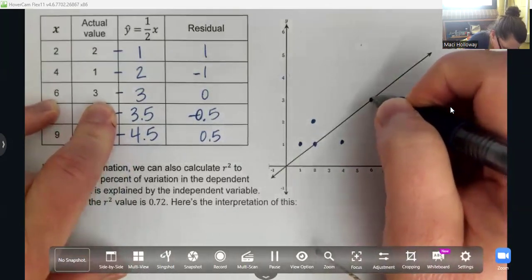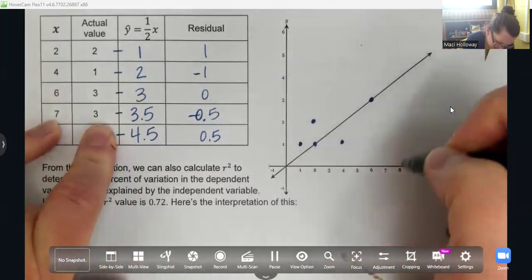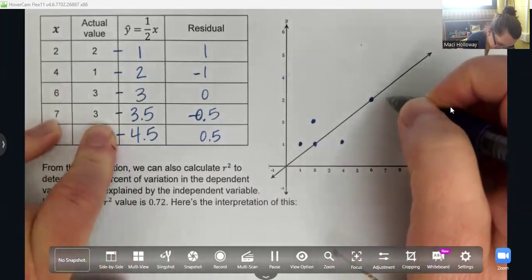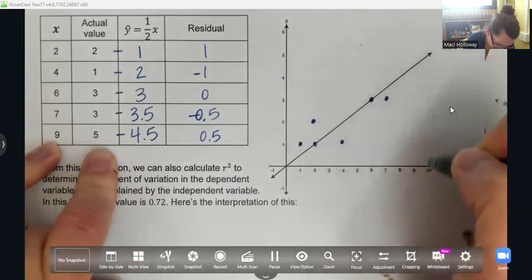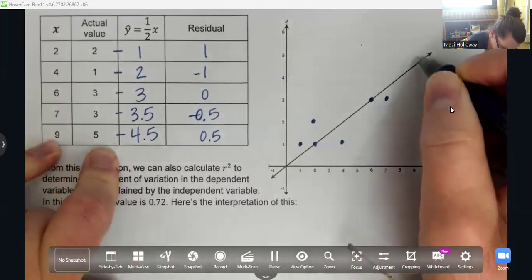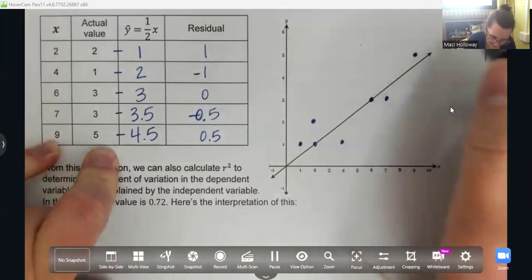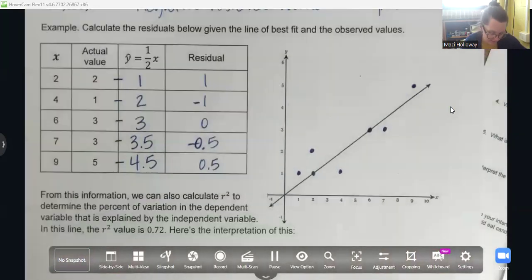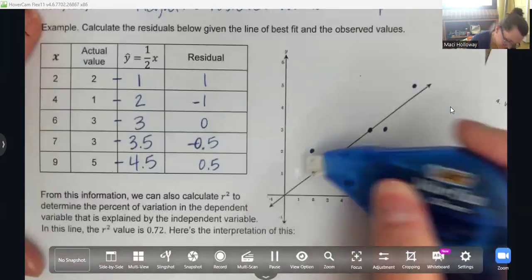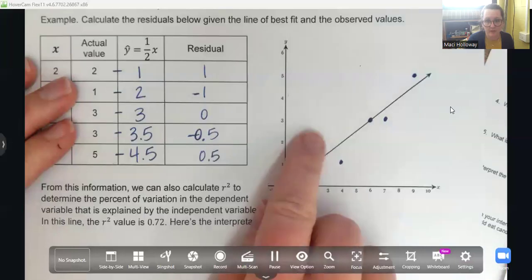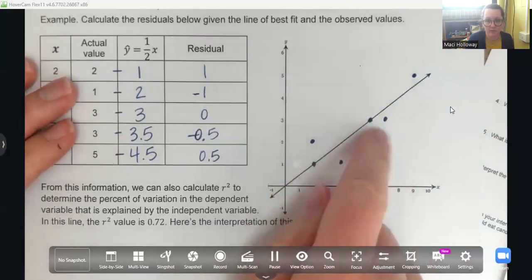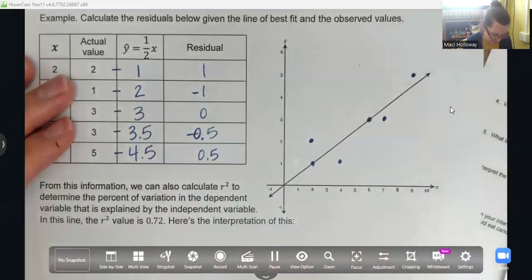It's hard to say. Yeah, that one was right on. 7, 3. A little bit off. And then 9, 5. It's a little bit over. So you can see, minus the mistake that I made here, that some of the residuals are over, some of them are under, and then one of them is right on.